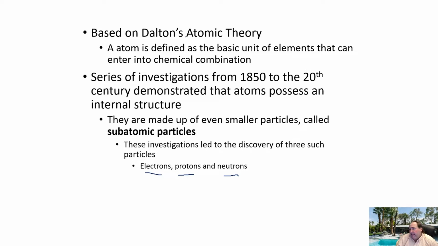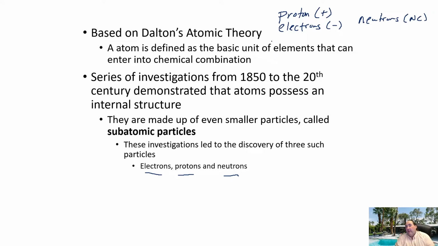We're going to talk about each of these individually and about the experiments that helped us better understand what they are and where they're found in the atom. But the overall picture is that protons are positively charged particles, electrons are negatively charged particles, and neutrons have no charge.